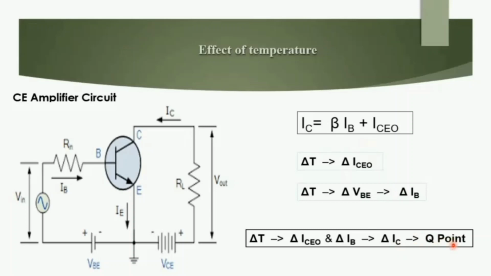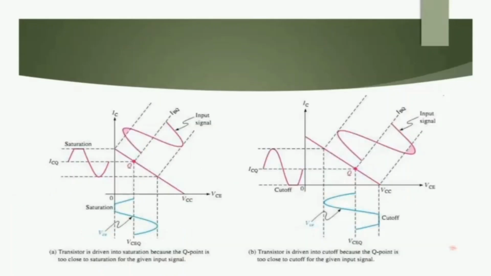So now let's examine the effect of drift in Q point position on the output signal. As you can see, if the Q point drifts from the center because of change in temperature, there is a possibility of output cycle getting clipped.